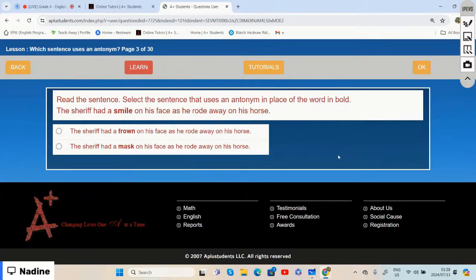All right. So, this says the sheriff had a smile on his face as he rode away on his horse. What is the opposite of smile? Is it option one, the sheriff had a frown on his face as he rode away on his horse, or the sheriff had a mask on his face as he rode away on his horse?